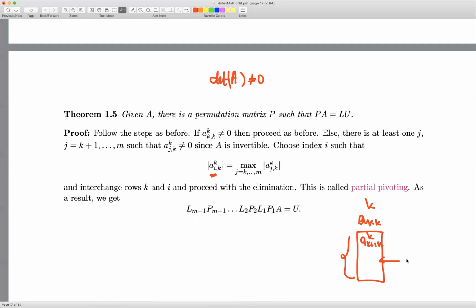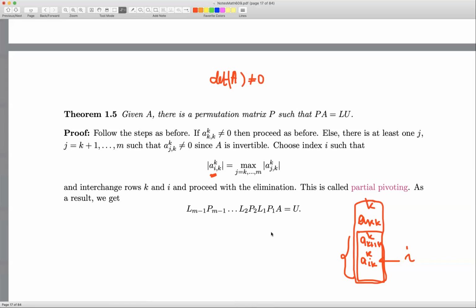So we choose an index i for which the entry A_ik has the biggest absolute value among all the entries in this part of the kth column. And then we interchange row k and row i, and proceed with the Gauss elimination. This process is called partial pivoting.